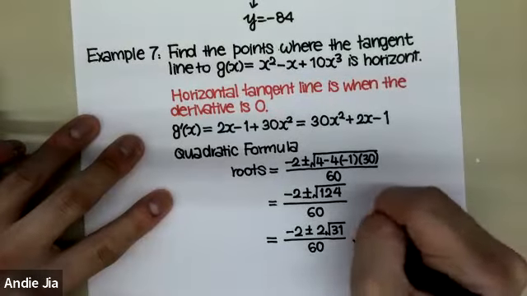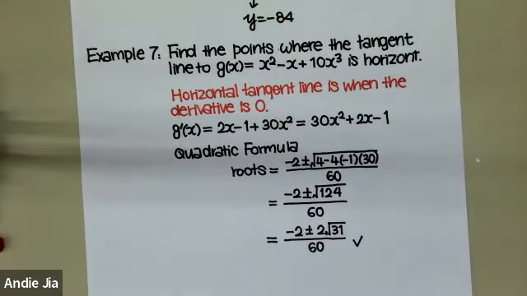That's where the function has a horizontal tangent line, just set equal to 0.